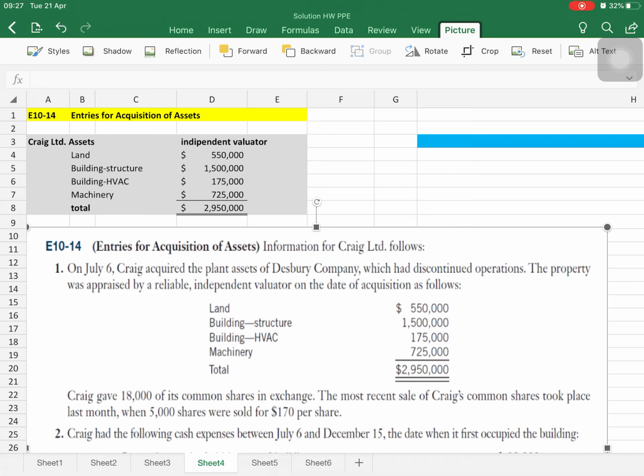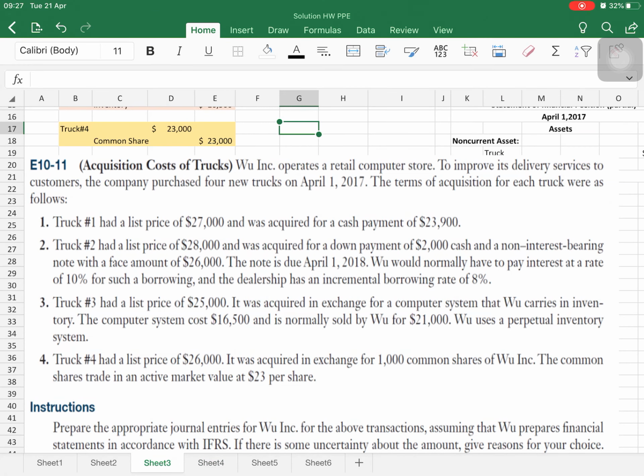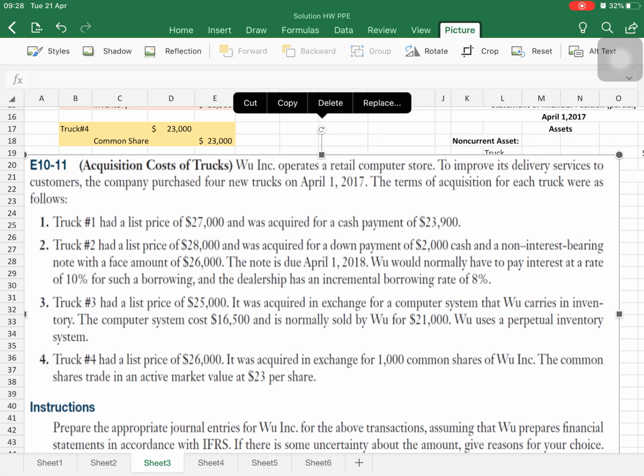The most recent sale of Craig's common share took place last month when 5,000 shares were sold for 170,000. Okay, so in this example, it's almost similar to question number 4, but in the previous question, they let you know the market value of the share, which is $23 per share.